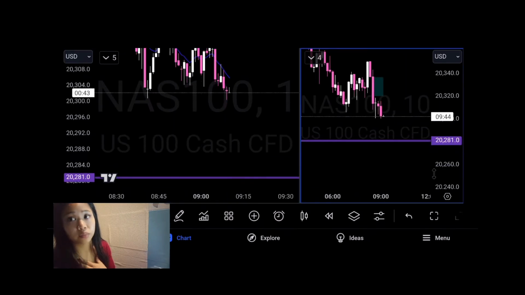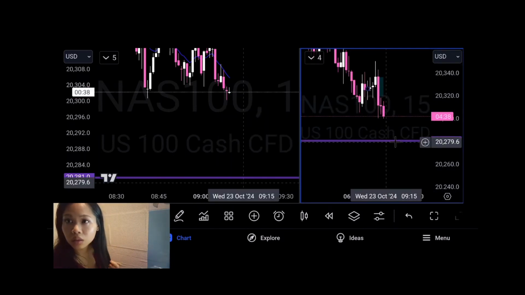Yeah, it might sell off. What does the 15-minute chart say? Yeah, it might sell off.